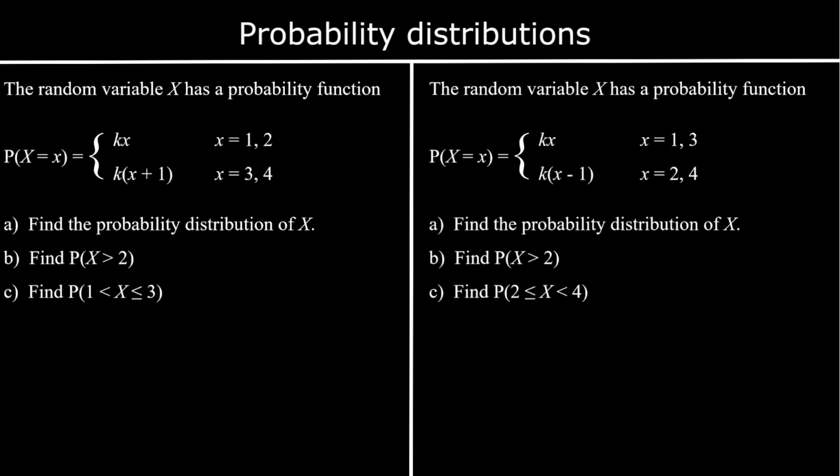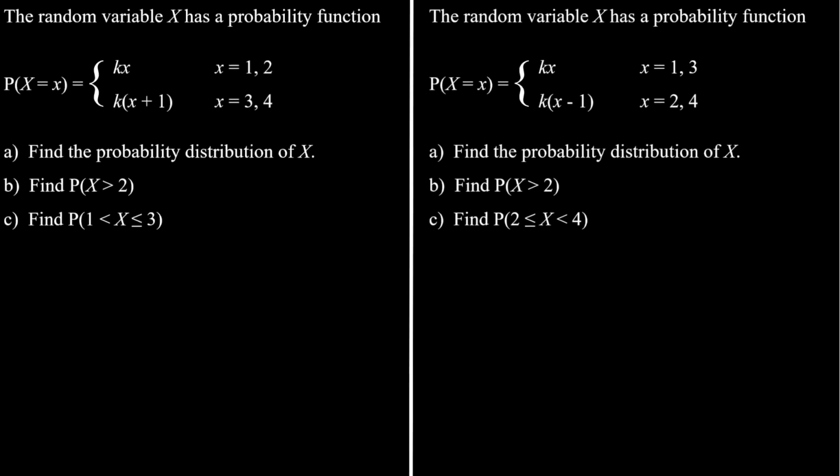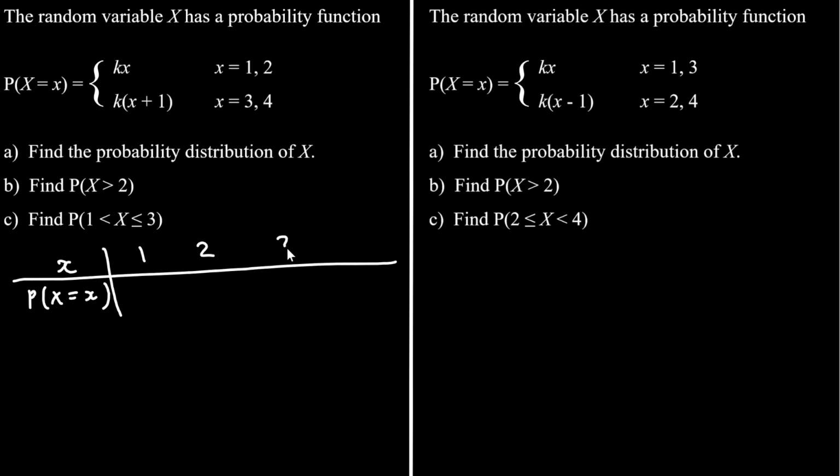And another question. So this time the probability that x equals x is kx for the values of 1 and 2, and k times x plus 1 for the values 3 and 4. So we need to find the probability distribution. So we're going to write x, and the probability x equals x. So we can have 1, 2, 3, and 4.